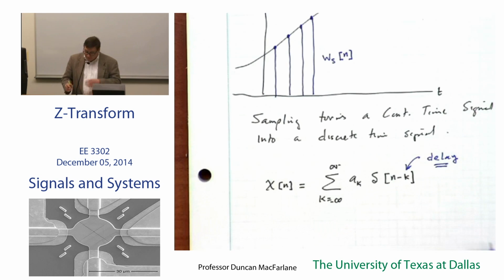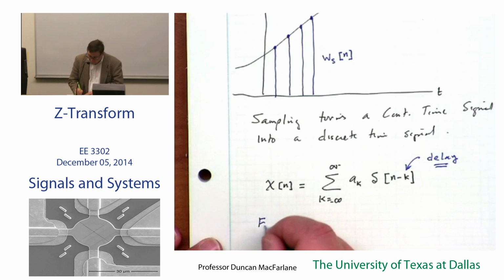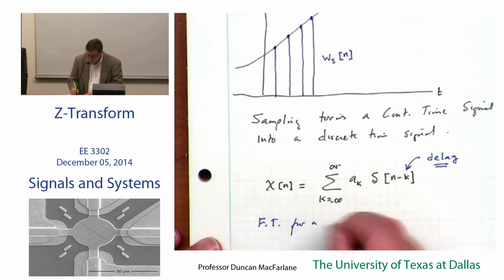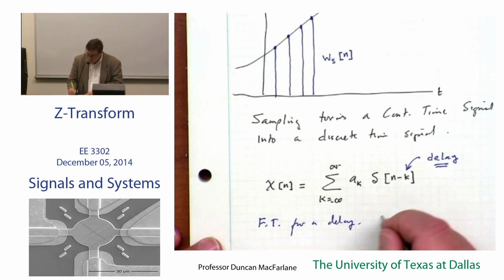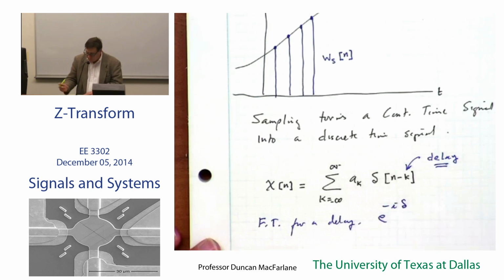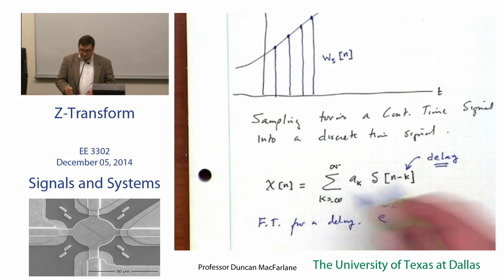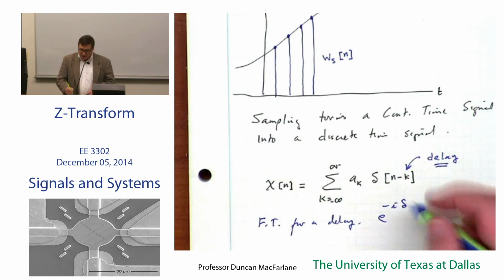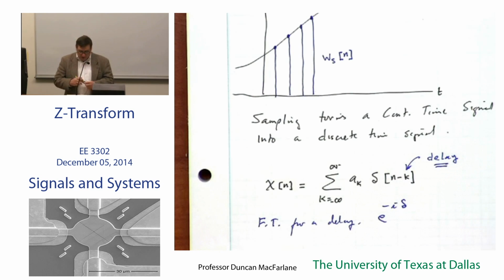because this is absolutely key with what we're going to be talking about today for the Z-transform. And remember that the Fourier transform for a delay is e to the minus i delta. So you Fourier transform the function, and then the delay part of it comes out as an e to the minus i delta. I always think of that e to the minus i delta as a time shift.